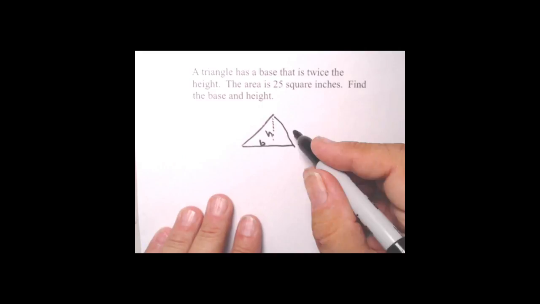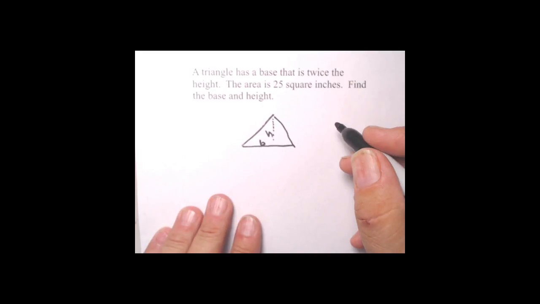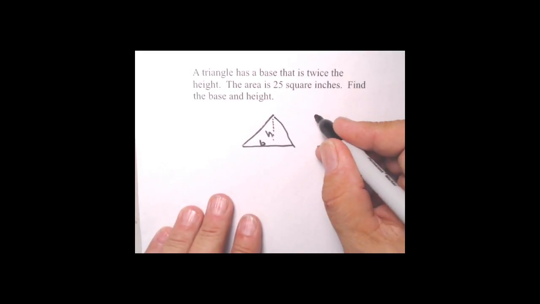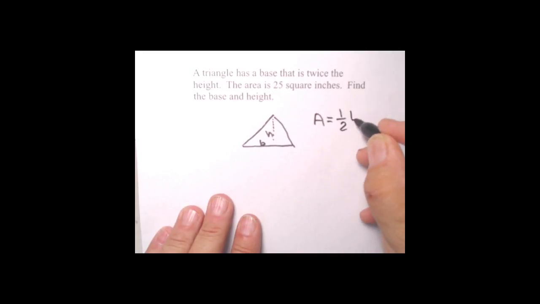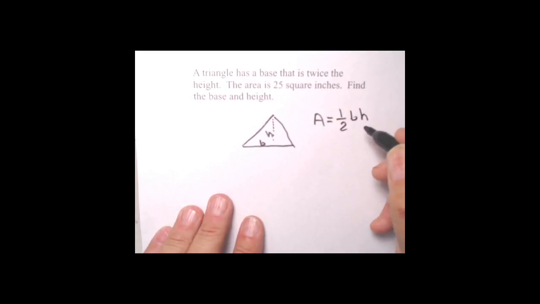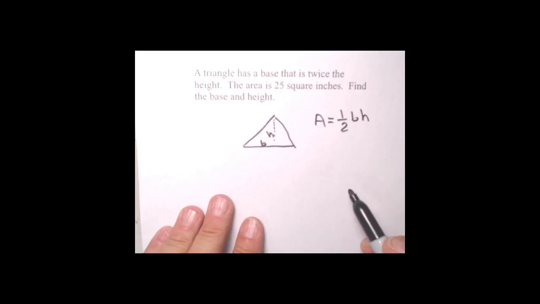Okay. Well, the next thing you have to remember is what the formula is for the area of a triangle. Area equals 1/2 base times height. Now, if you're solving this algebraically, here's a nice way to rearrange this formula to begin with.